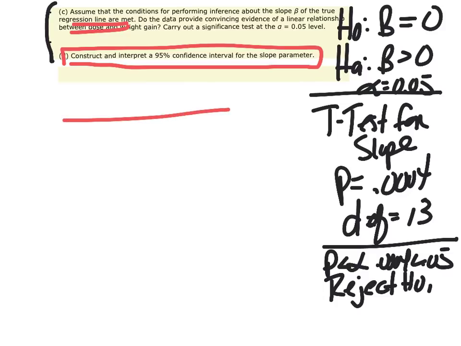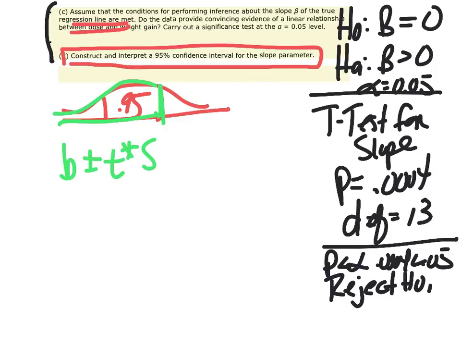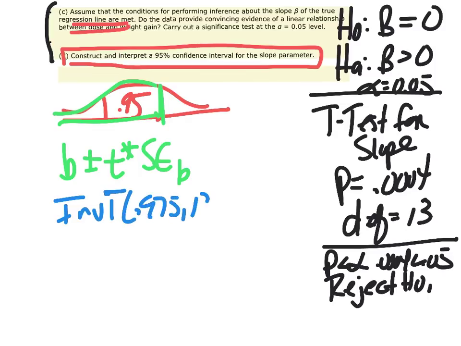They want a 95% confidence interval. This is a slope test, so remember the confidence interval, if I write it out, is going to be b plus or minus the critical value times the standard error of the slope. To get that critical value, I'm going to do an inverse t of 0.97, and again, we have 13 degrees of freedom on this problem. If we do that, we're going to get a t critical value of this right here.